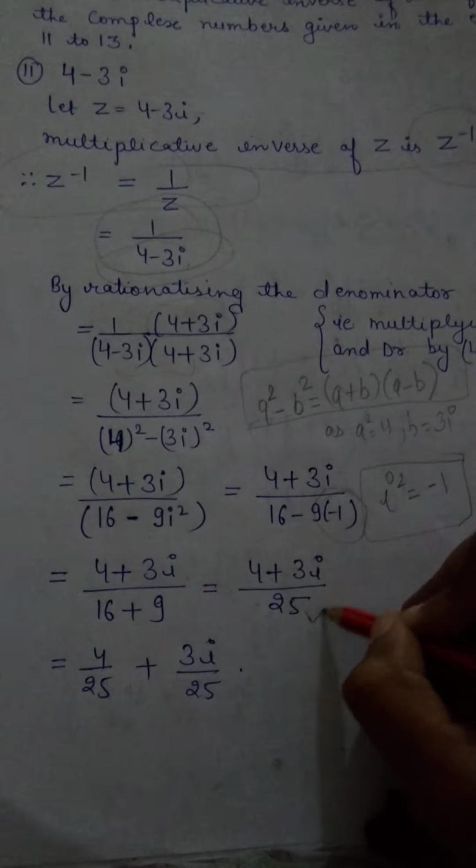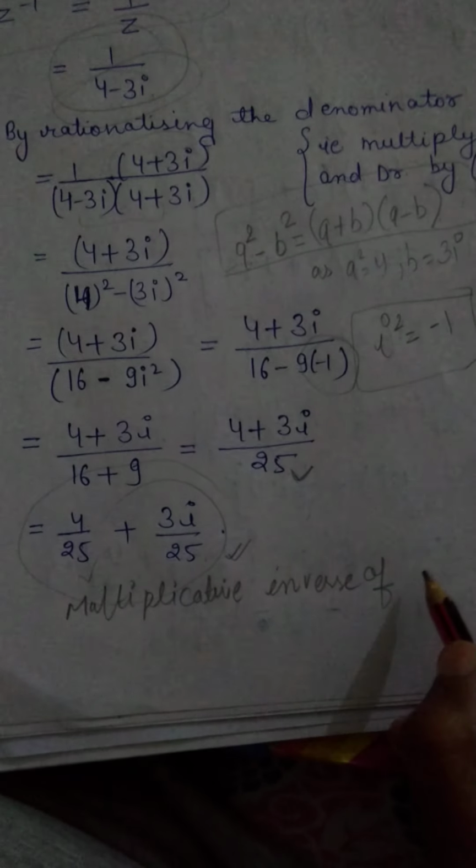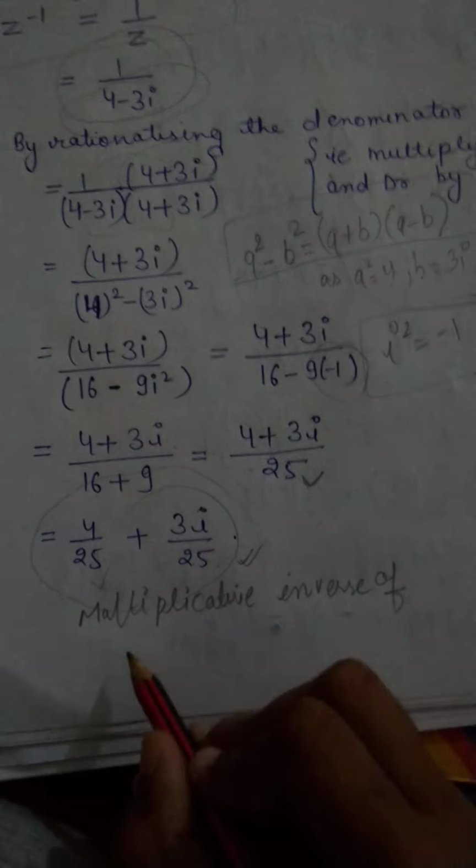Finally, the answer which I have got: the multiplicative inverse of, I should write it down also, I am writing here, the multiplicative inverse of 1 upon 4 minus 3 iota.